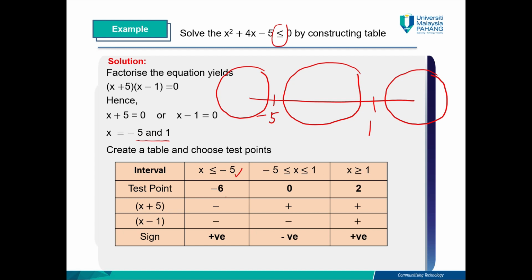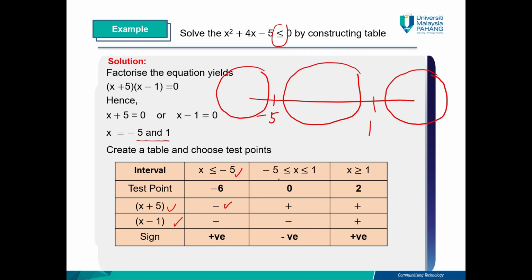For each of the values, we plug into these two brackets, into these two factors, and just write down the sign of the result. For example, minus 6 into this equation, minus 6 plus 5, we have minus 1. So the answer will be negative for all values that are less than minus 5.